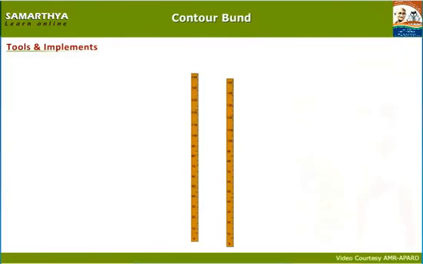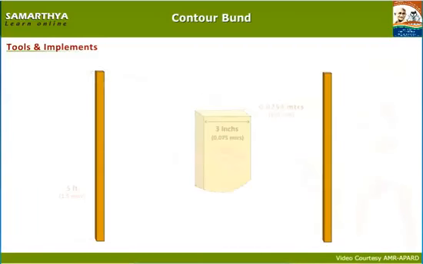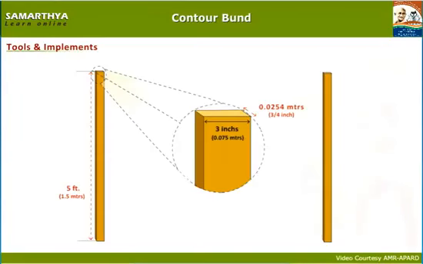Now let us see how a hydro marker is made. Hydro marker looks like the one shown on the screen. 2 square wooden plates with a thickness of 3 by 4 inches, 1.5 meters length, 0.075 meters width.